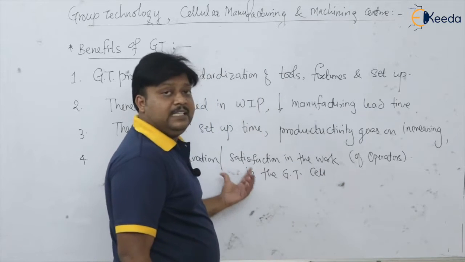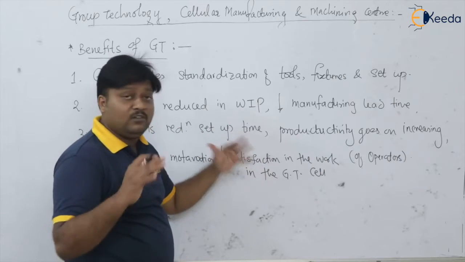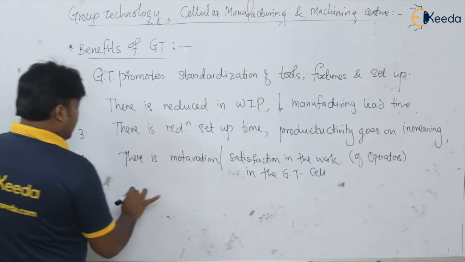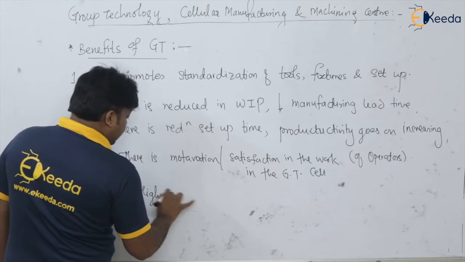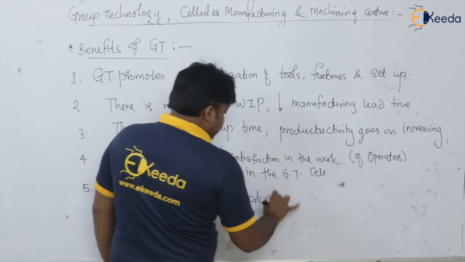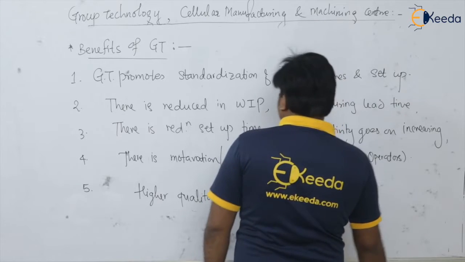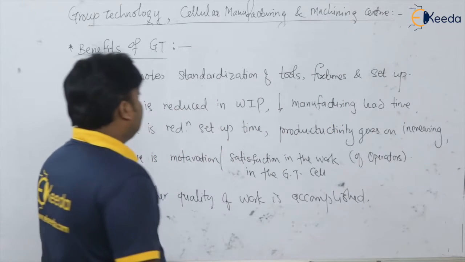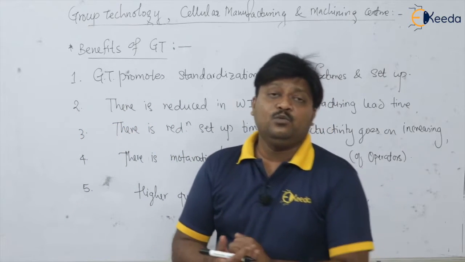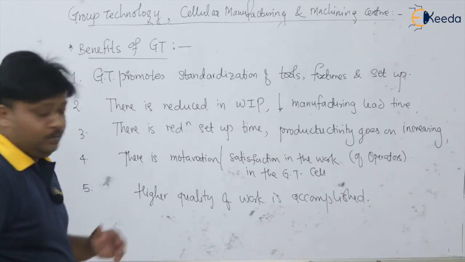The workers are highly motivated, they have the satisfaction that they are working in this group technology cell, and this will all result in what? The fifth benefit: definitely we are getting higher quality of work accomplished. So these are the very important benefits that we get by implementing group technology. Okay, please remember this. These are the benefits of group technology.